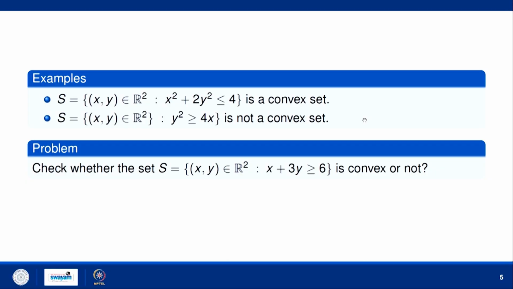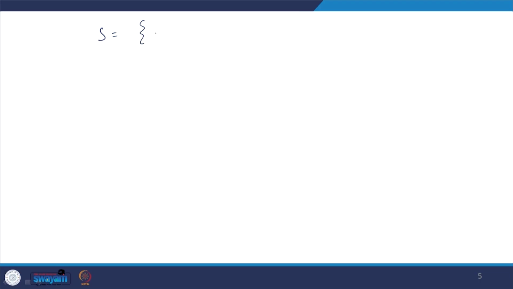Okay. Now, if you see the second example, all those x y in R2 such that y square is greater than or equal to 4x. If you see this, it is all those x y such that y square is greater than or equal to 4x. So, first you take the equality sign, which is nothing but a parabola.